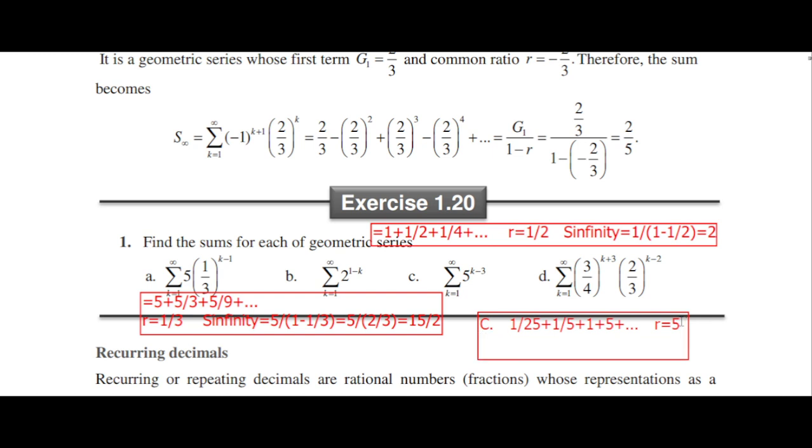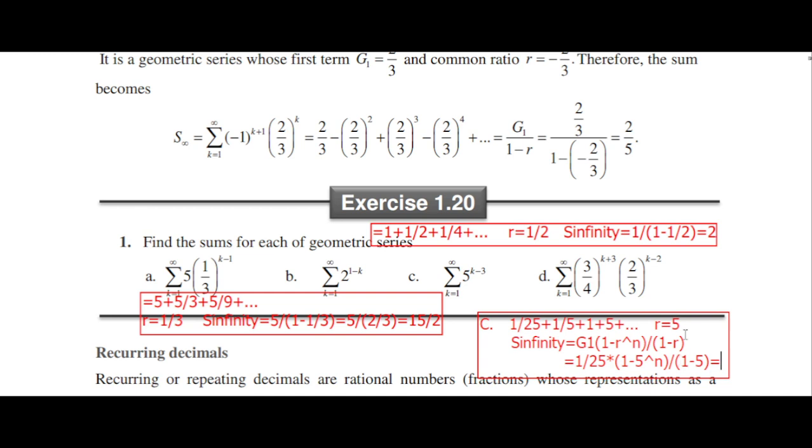Let's compute S infinity. Since R is greater than 1, use this formula: G1 times 1 minus R to the power of n, as n approaches infinity, over 1 minus R. So S infinity is equal to G1, we have 1 over 25 here, times, in brackets, 1 minus 5 to the power of n, over 1 minus R, so we have 1 minus 5.